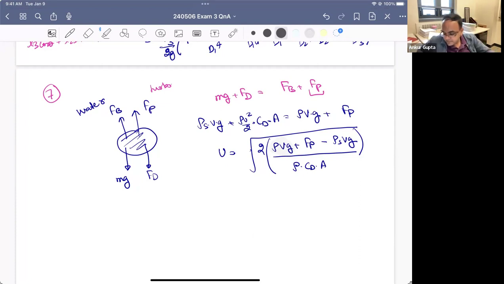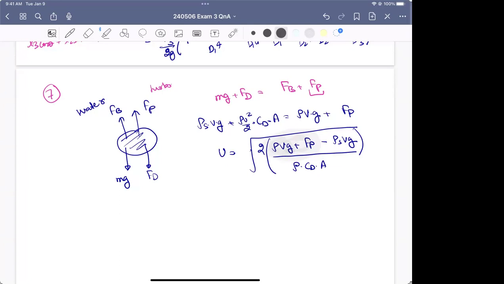If it is negative, I will not get any velocity. Depending on the propulsion force, I'll find the terminal velocity. If it's a really high propulsion force, I will have a very large velocity. But if it's just twice the weight, then I will get some velocity depending on the density and gravity and so on. Does that make sense? Yes.